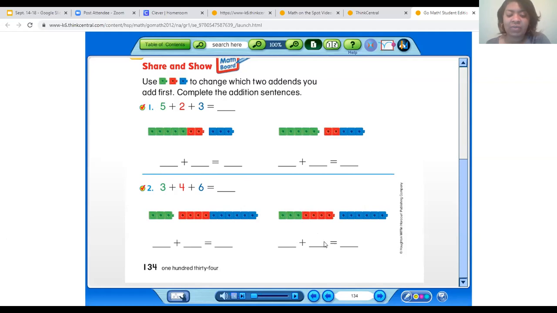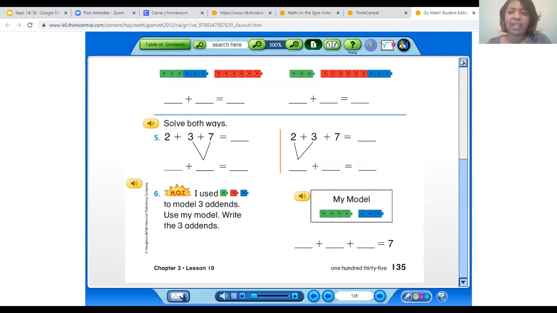So I have 6 right here. So I'm going to count them all up. And I'm still going to get the number 13 that I'm going to write right here. Okay? And it also goes right there. Okay? All right. Let's go on to the next page.